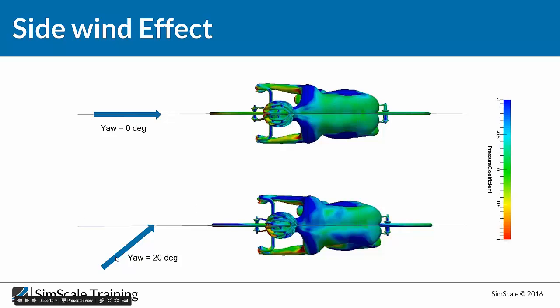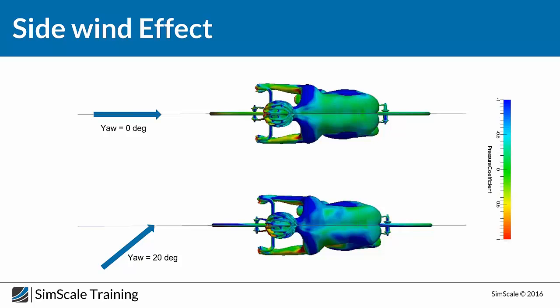And for the second one, we have a side wind with 20 degrees, and we can see clearly that the effect is significant, and we can see that the pressure distribution over the rider and the bike is completely different, and this will create different forces acting on the rider and the bike, and that's why it's really important to investigate the side wind.